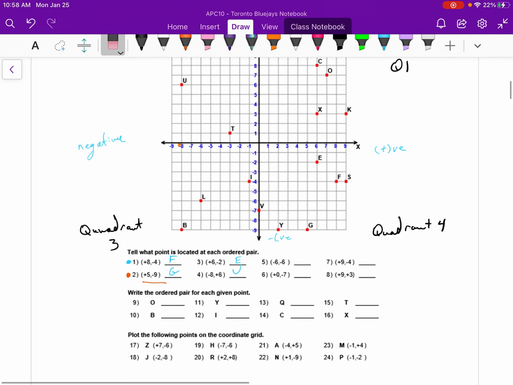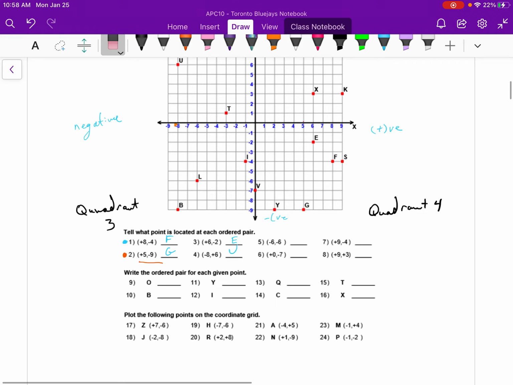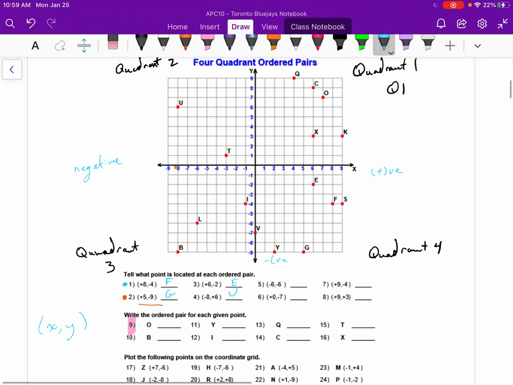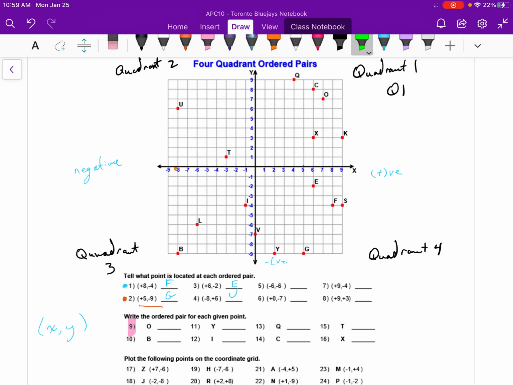All right. I believe I've done enough examples here. I'm going to go on to number 9 now. I need to find the ordered pair for O. Now remember, for ordered pair, it's x, y. So where is O? And indeed, I think I find O right there. So I take a look at the x-coordinate.